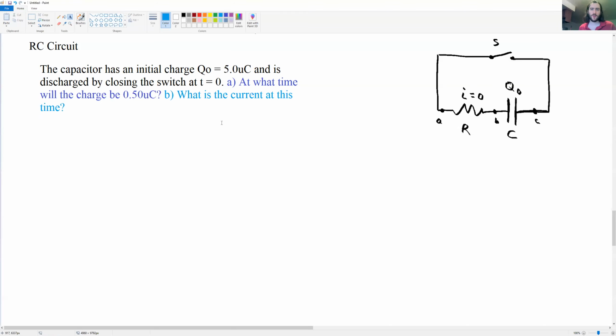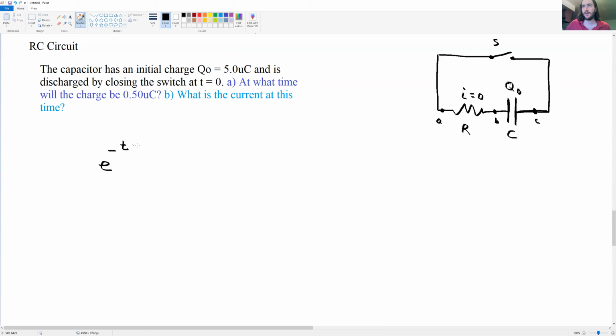Now, for these RC circuit problems, it's just setting them up and remembering the exponential formulas. Remember I told you guys the most important thing you can do when solving RC circuit problems is to have the following two functions memorized. These are just mathematical functions, and although on a test I will give you these functions, it really helps if you have them memorized.